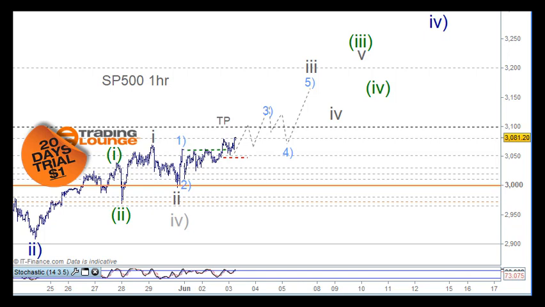The other interesting thing here too is that if this count is right, we've got wave 2 here, so this is going into blue wave 3 now, and then green wave 3, grey wave 3 here, and this wave 3. So we're in the third of the third of the third.